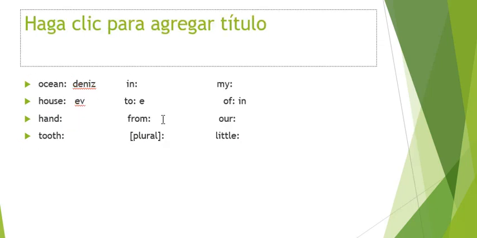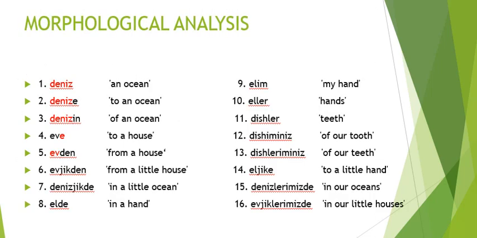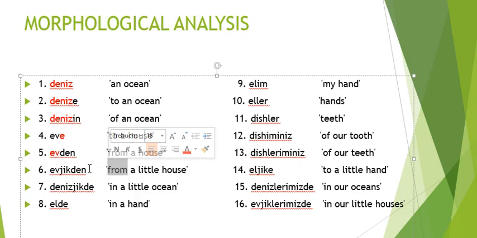So you can see here that you are finding the different morphemes following the tip that I gave you, which is to look for the different structures from the simplest to the most complex. Now you have ocean, you have house, you have to, you have from. Okay, let's continue analyzing it. Now you know that from in Turkish is then, right?